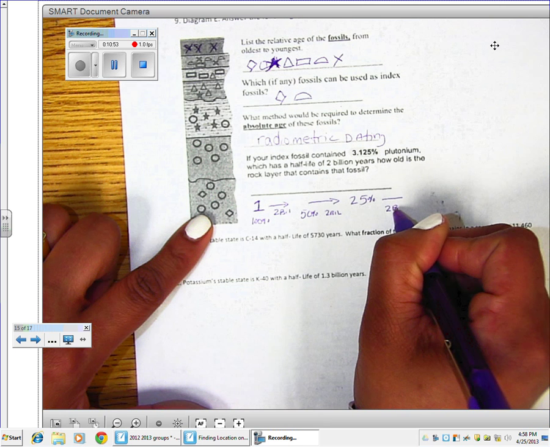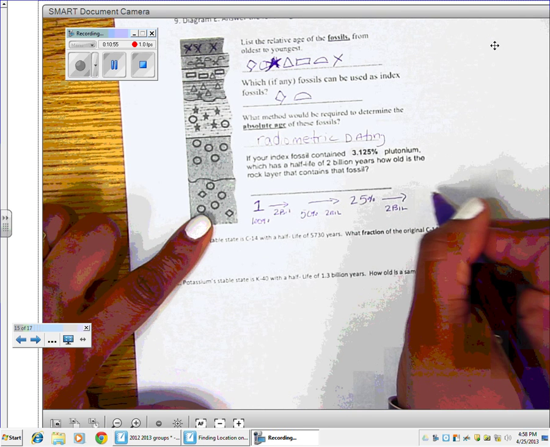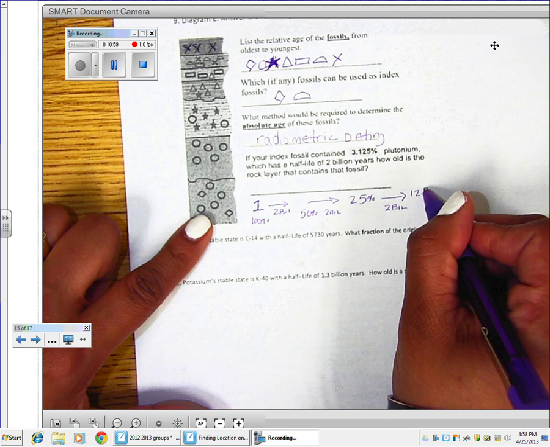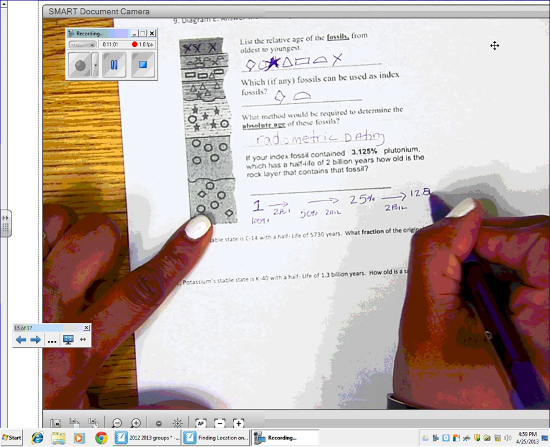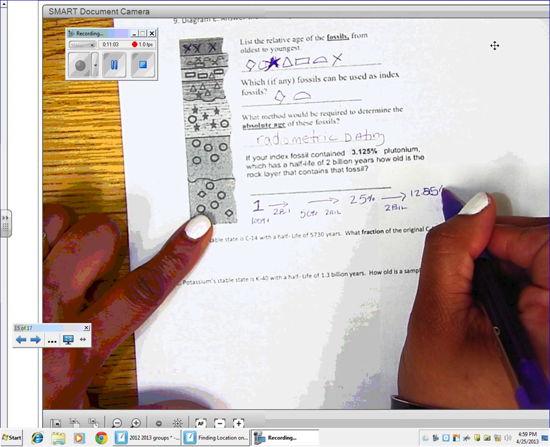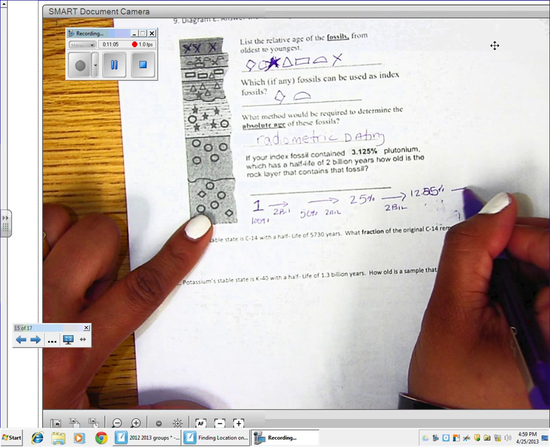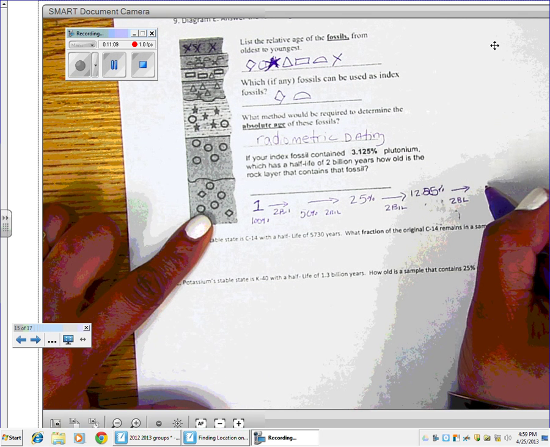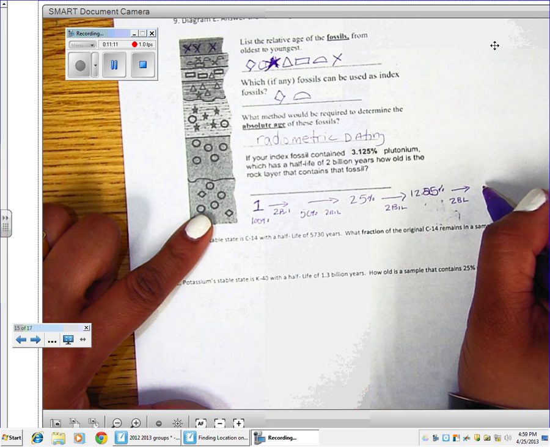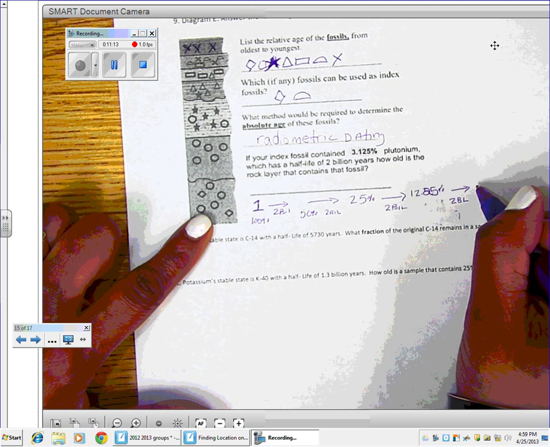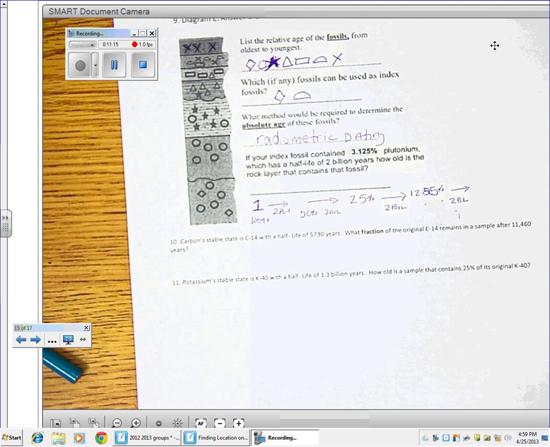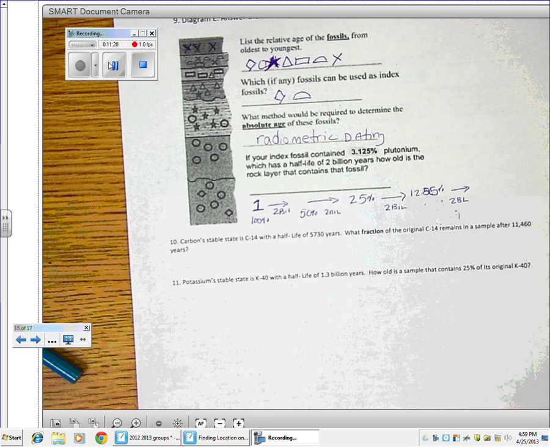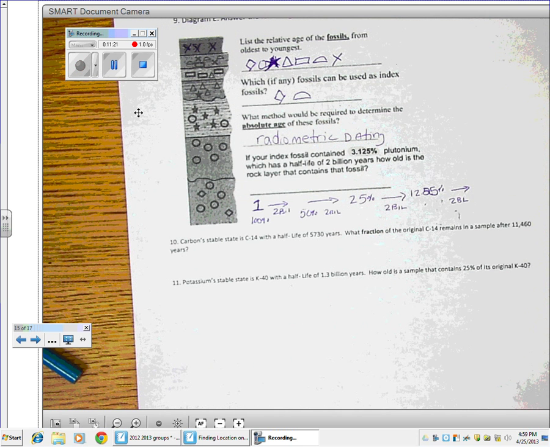After another 2 billion years, we are at 12.5%.